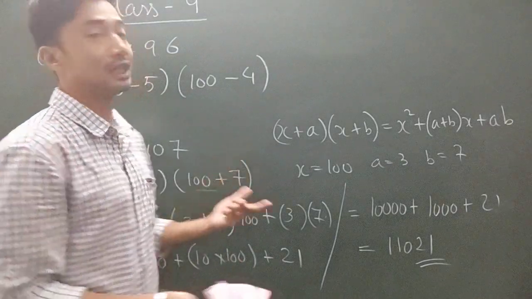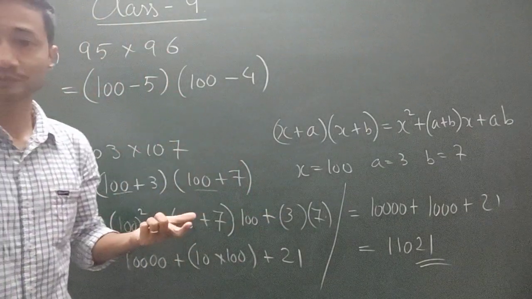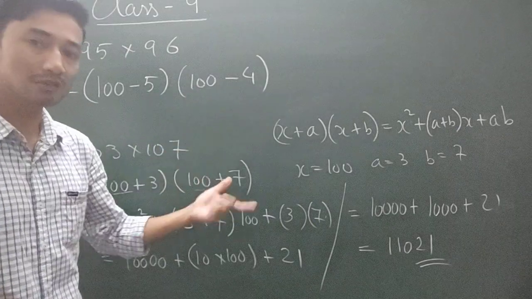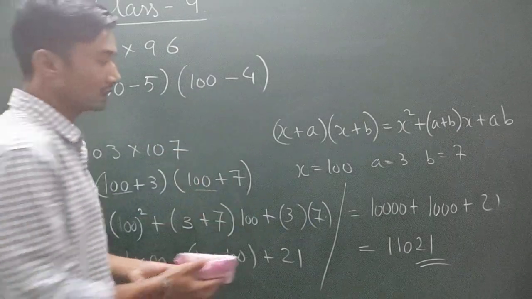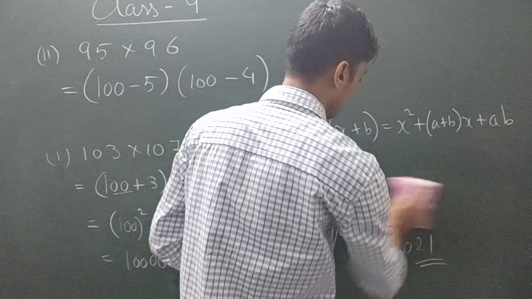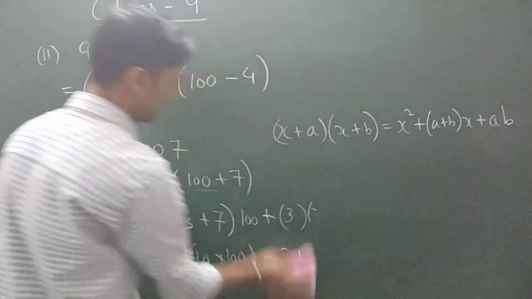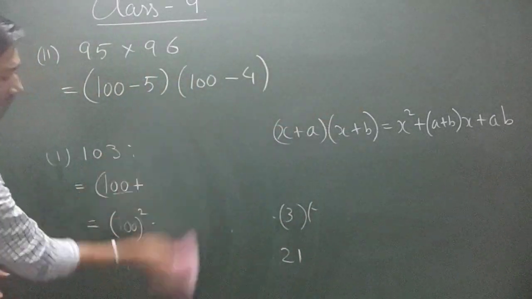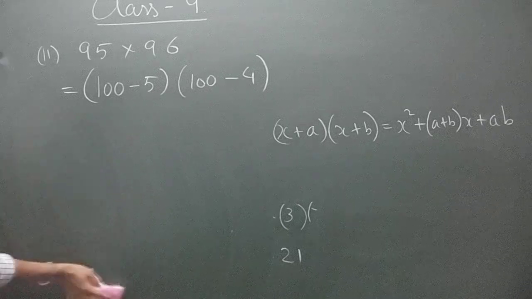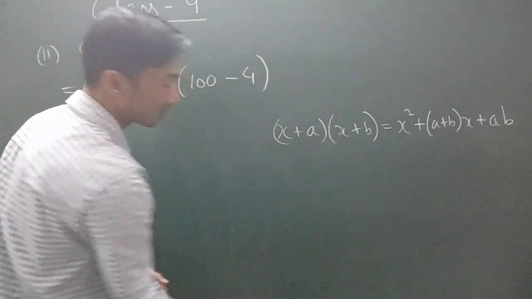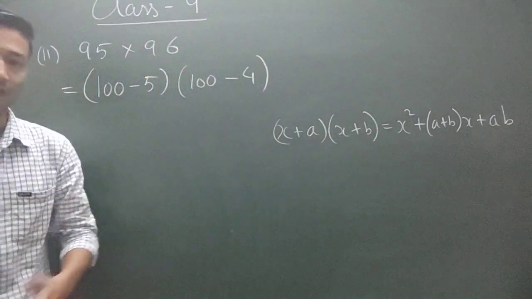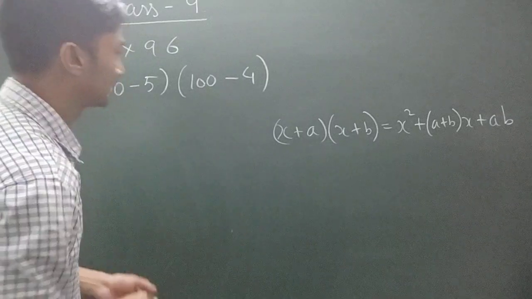You are not allowed to multiply directly. So we'll use some of the identities and multiply. Simple as that. Not that every time you'll have to take 100. You can do it in your own ways, don't worry about that. You can use your own imagination also, provided the conditions are kept intact.